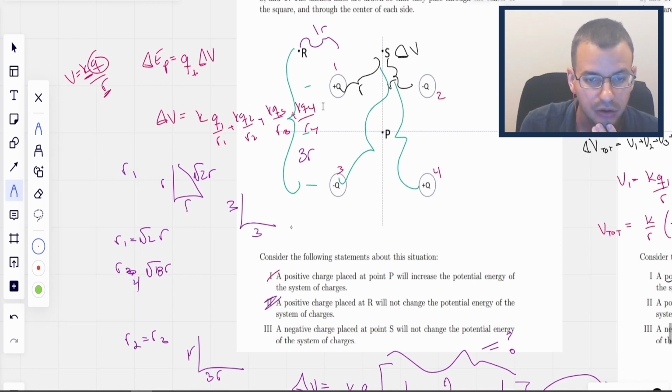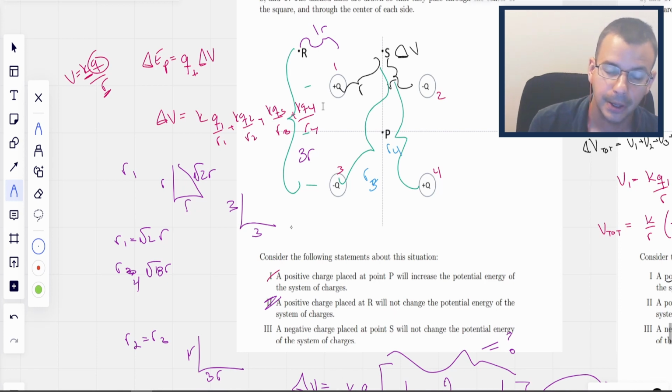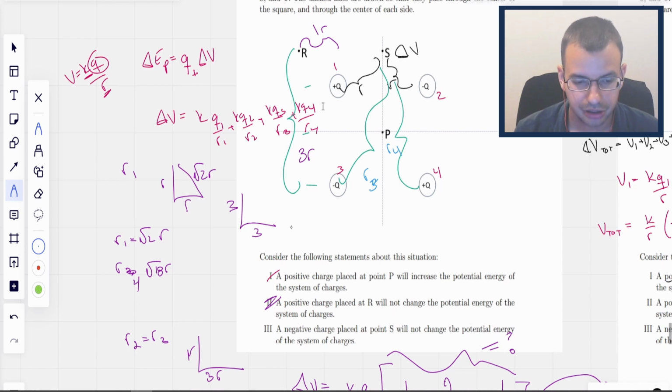And now this r, I'll call this R3 and R4. R3 and R4 are the same. Magnitudes are equal and opposite, so those will again cancel. So with a negative charge at point S, the sign of the charge in this case doesn't matter because this equals 0.